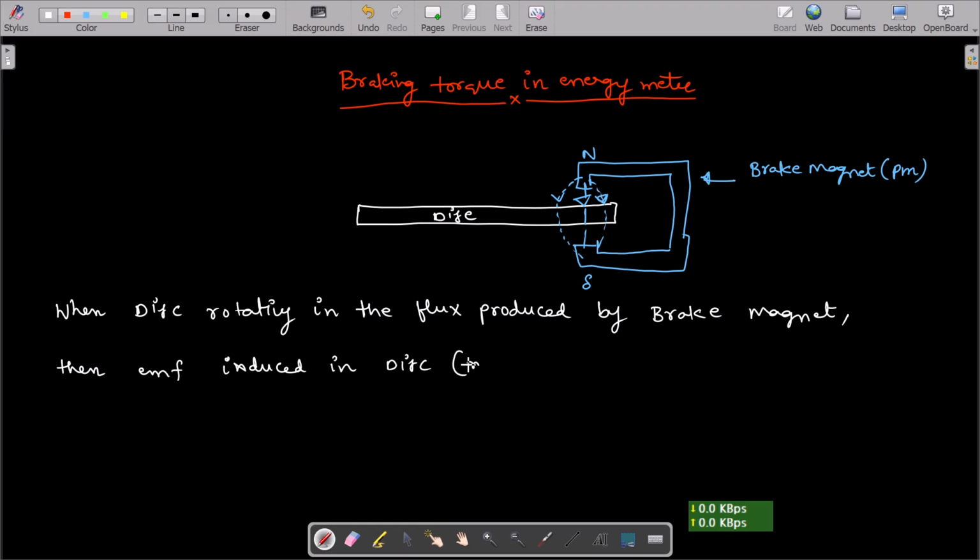This is nothing but that motional EMF, which will be similar to BLV. What then?